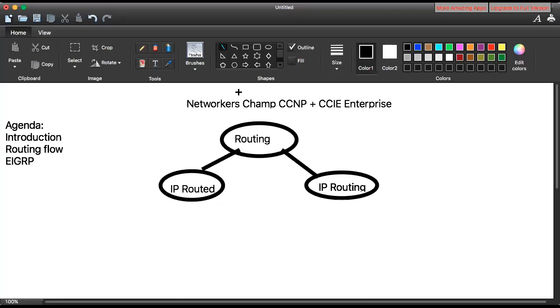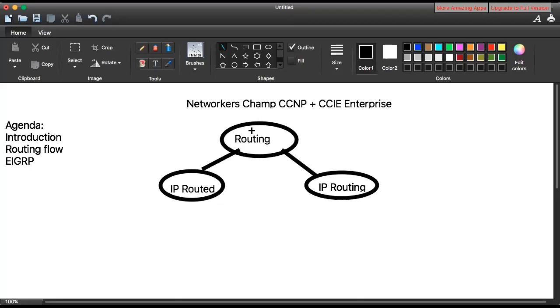Now talking about the routing flow, as I discussed, routing is a process of sending a packet from one host to another host through the layer 3 device where the route lookup happens. There are two types: IP routed and IP routing.